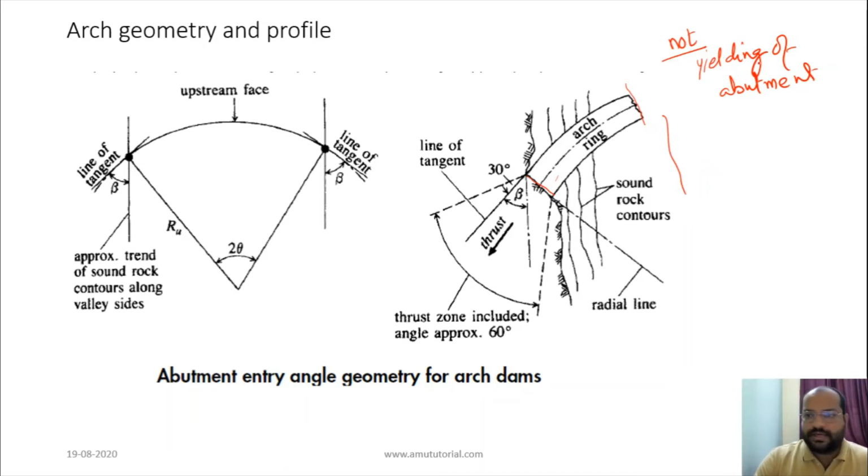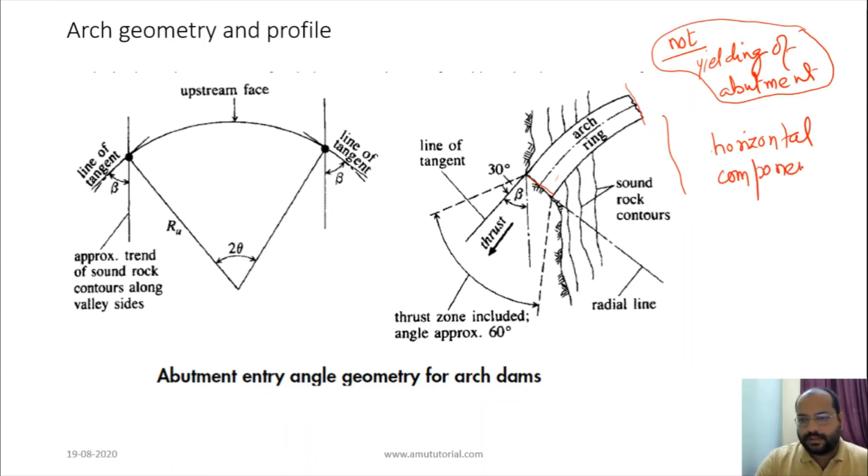So in order to satisfy this, there should not be any yielding. We have to ensure that the horizontal component of the arch action of this thrust should be at a safe angle.